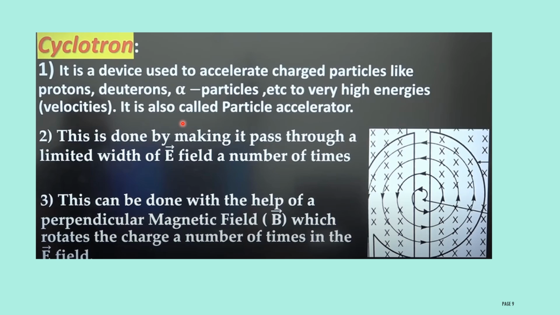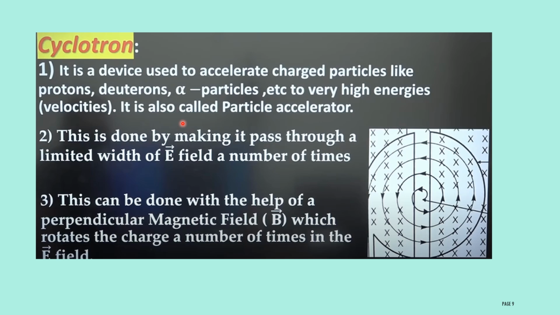If they are accelerated, then those charged particles will move with high energies or high velocity. Therefore, we call the cyclotron a particle accelerator, because the function of the device itself is to accelerate the charged particles. Then the next question: how do you make a charged particle accelerate continuously, continuously with high velocity and high energies?